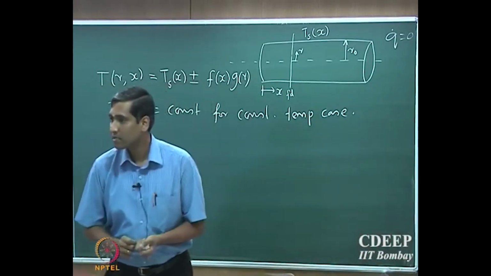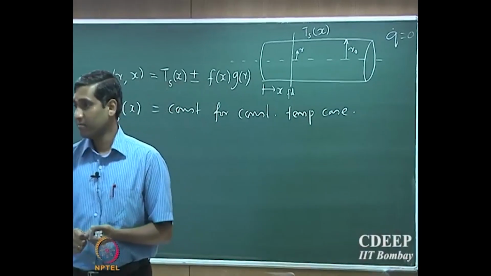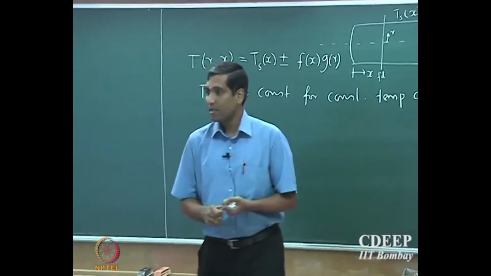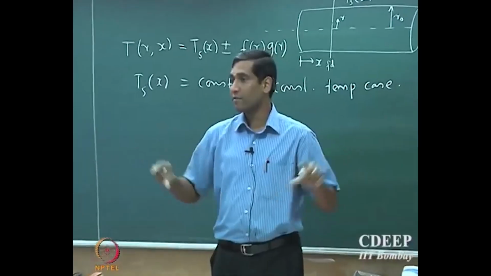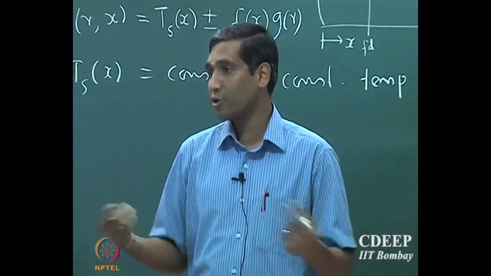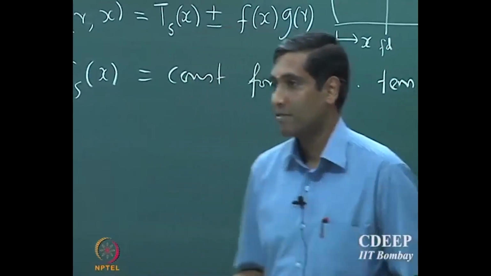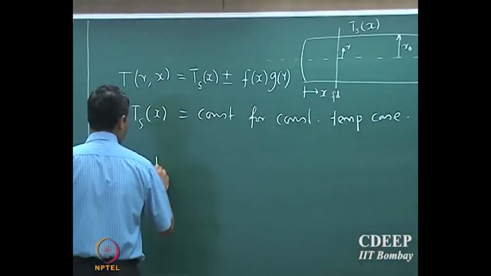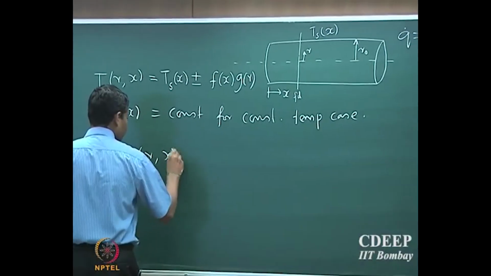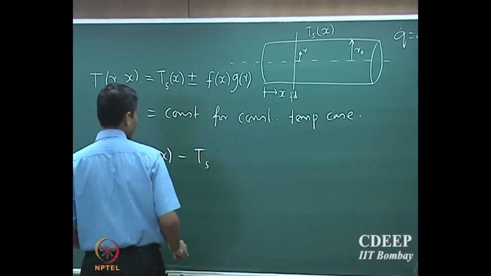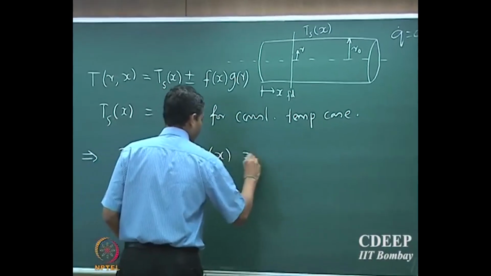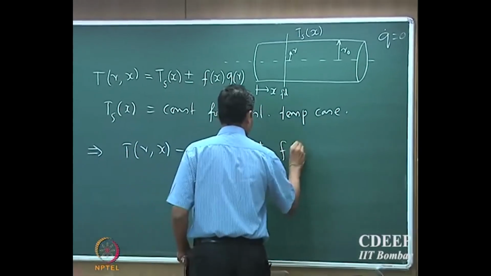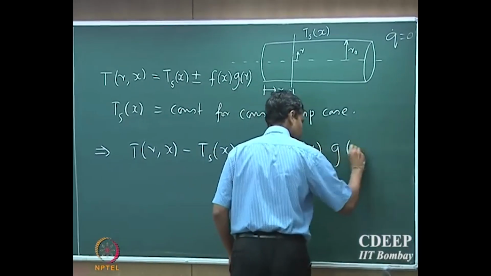Oh sure you can, because if there is no heat generation, if you look at the structure of the equation, it is linear in temperature, so you should be able to separate. So therefore, we can rewrite the functional form as T of r comma x minus Ts equal to plus or minus f of x into g of r.